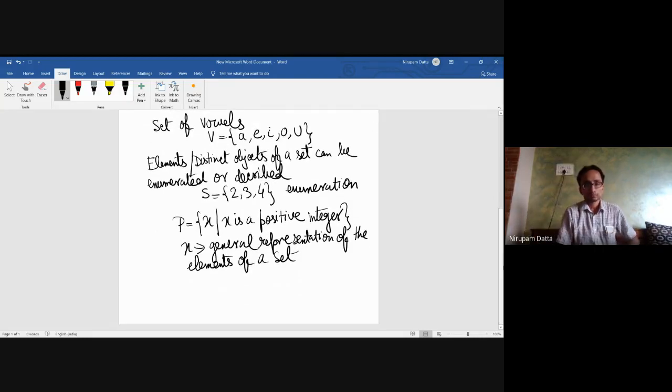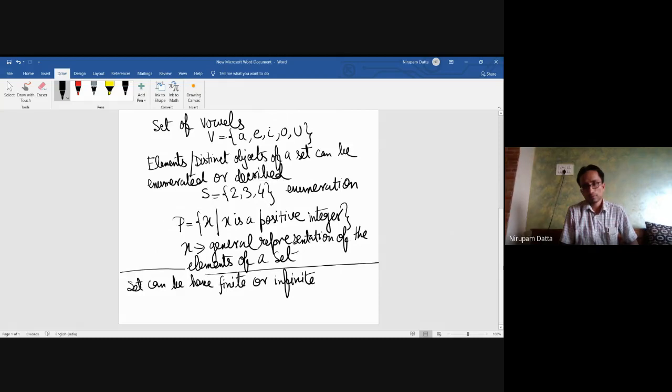Now, a set can have a finite or infinite number of elements.